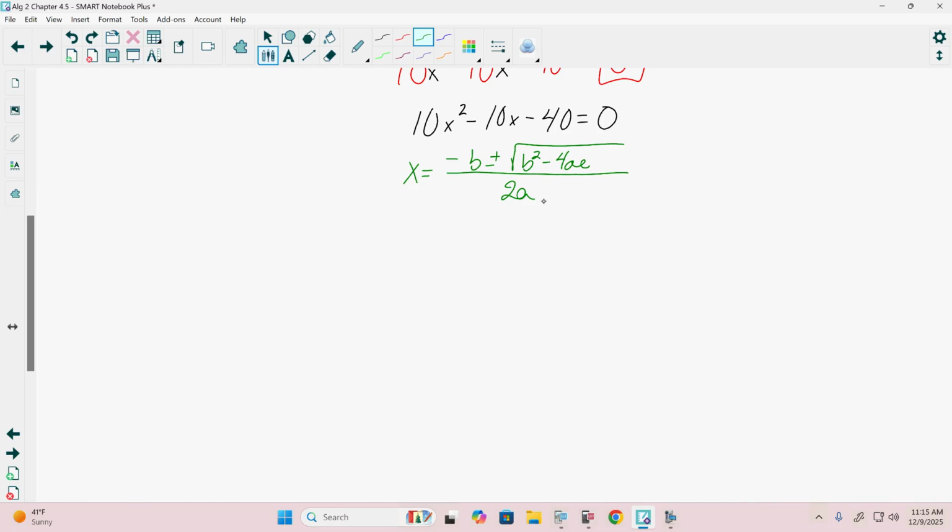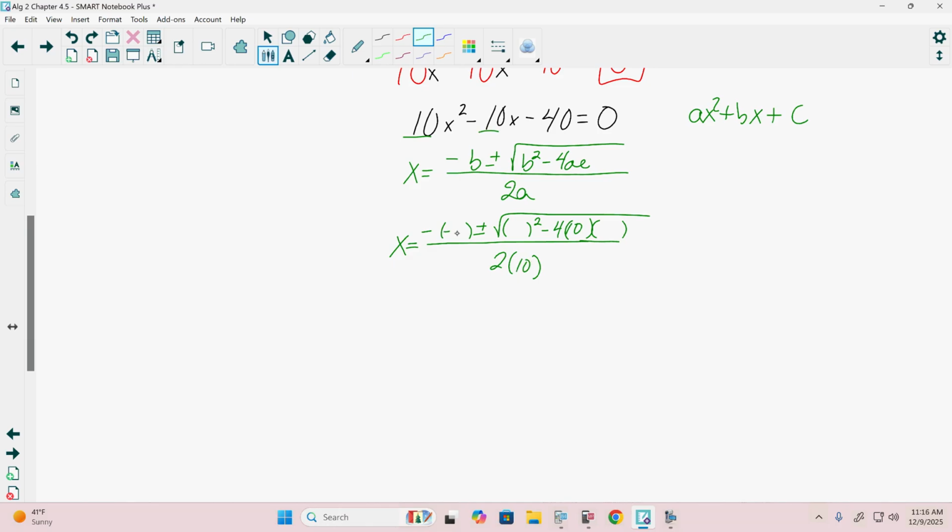Negative b plus or minus the square root of b squared minus 4ac all over 2a. And again, this is matching back up with our ax squared plus bx plus c. A in our case is 10, so its two spots would be 10.